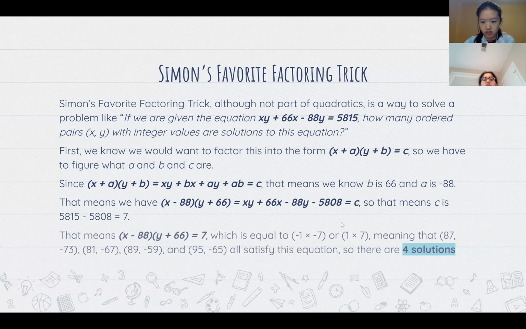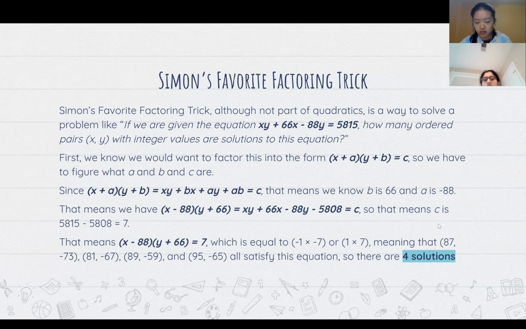Since 7 is 1 times 7, or negative 1 times negative 7, we find the values for x and y which satisfy it. So x minus 88 can equal negative 1 and y plus 66 can equal negative 7, and x minus 88 can equal 1 and y plus 66 can equal 7.